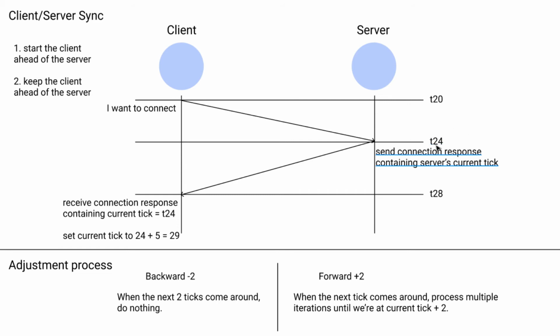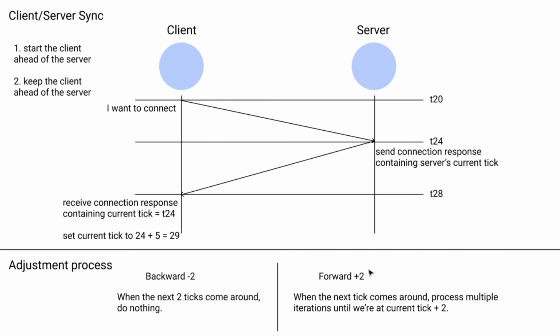So we receive a message that's 2 ticks behind us. If we have enough data at that point to determine that the client needs to move forward and that wasn't just a lag spike, then we can tell the client, hey, move forward by 2 ticks, or maybe even 4 ticks if we want to get closer to our plus 2 goal.